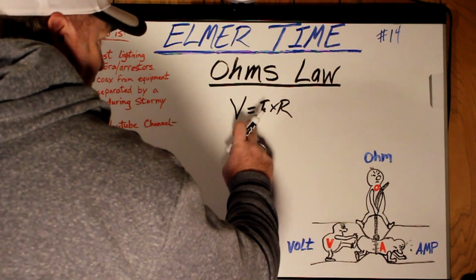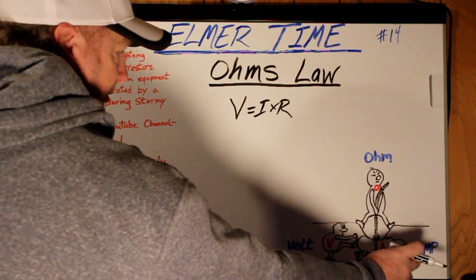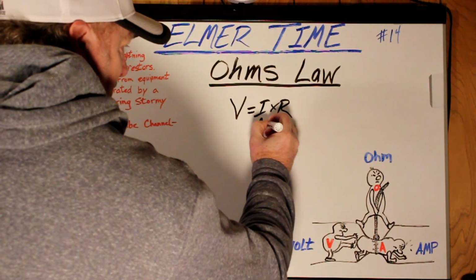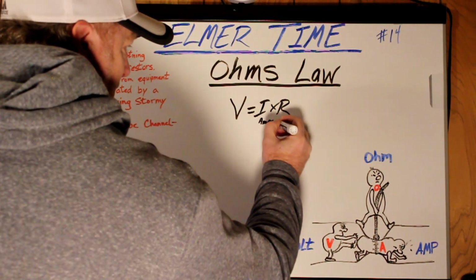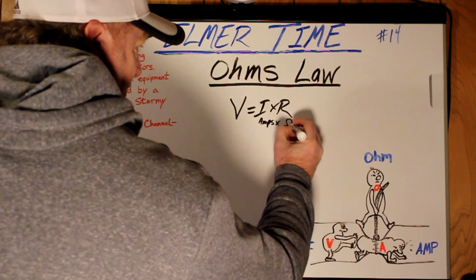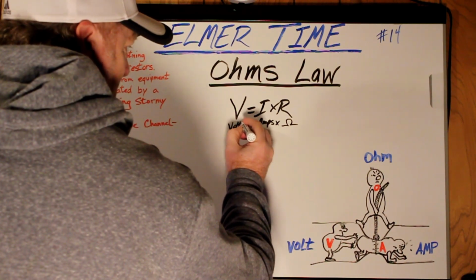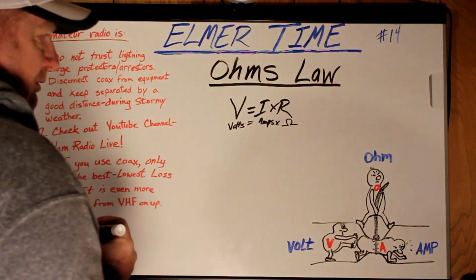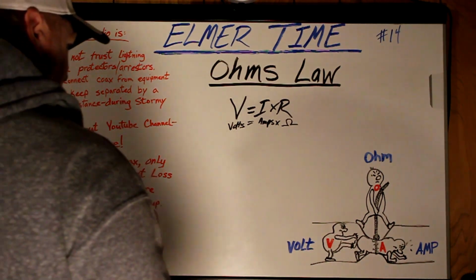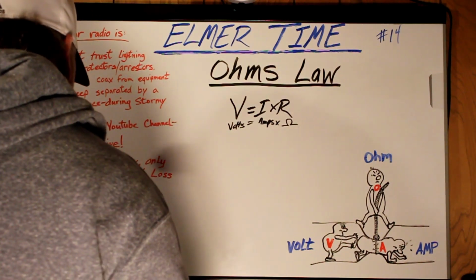So volts equals I, which is the current, or amps, and R is for the resistance, or ohms. So that's your most basic formula for the relationship between volts, amps, and ohms.